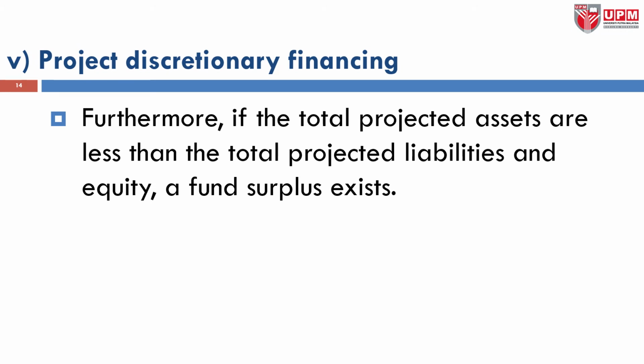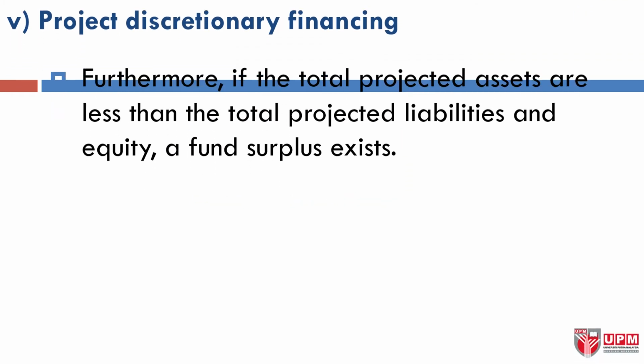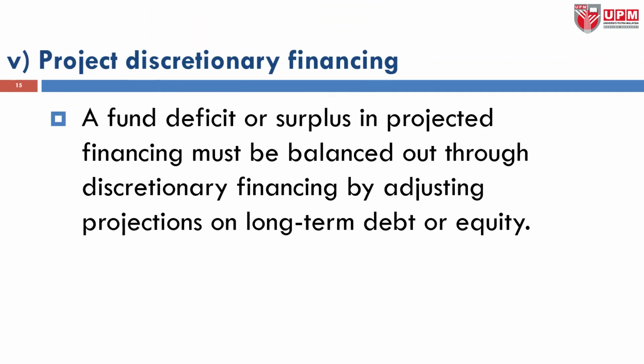Furthermore, if the total projected assets are less than the total projected liabilities and equity, a fund surplus exists. A fund deficit or surplus in projected financing must be balanced out through discretionary financing.